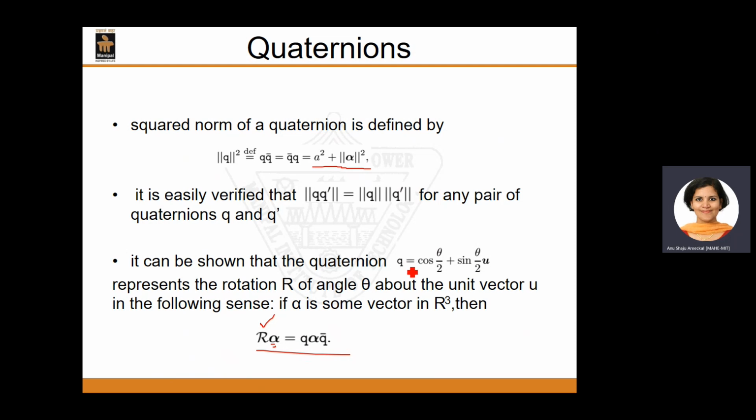Here q can be represented as q is equal to cos theta by 2 plus sine theta by 2 into u, and alpha is basically the vector quantity itself. This particular property we'll be using later: if you have a rotation matrix, instead of finding R alpha, we just represent it as q alpha q bar.